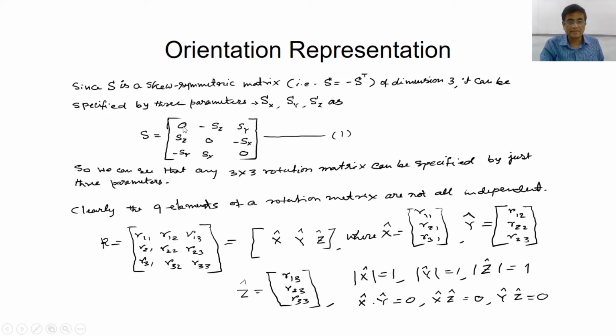Then S can be written as: first row 0, minus Sz, Sy; second row Sz, 0, minus Sx; third row minus Sy, Sx, and 0. So we can see that any 3 by 3 rotation matrix, which earlier required 9 different elements, can now be represented using just 3 parameters.